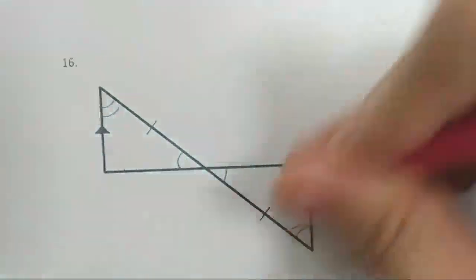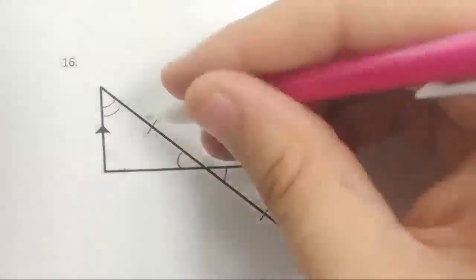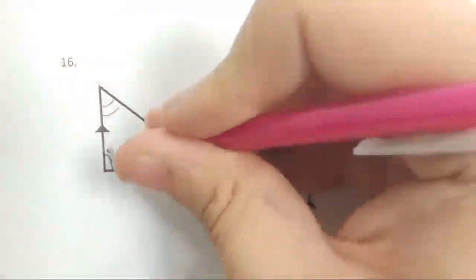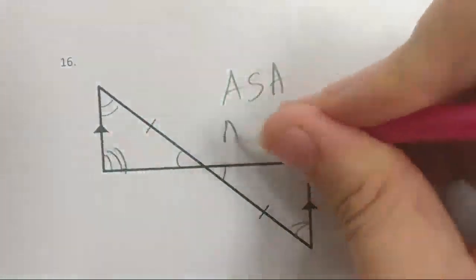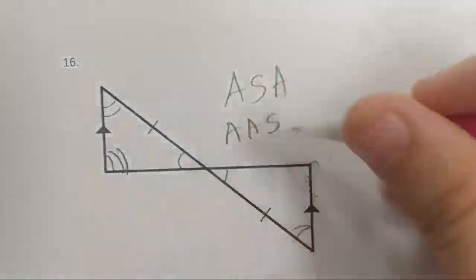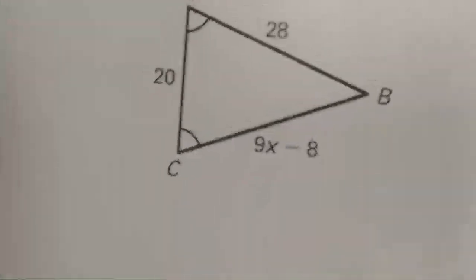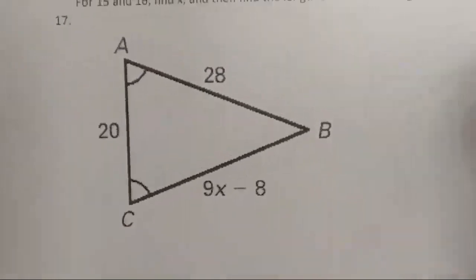Here you could say angle, side, angle, and that would be true. If I use this one instead, I would write angle, angle, side, which is also true. So this one had multiple ways to solve, funny enough. A lot of people miss that. And remember, the transversals are a big hint that you can set them equal to each other.